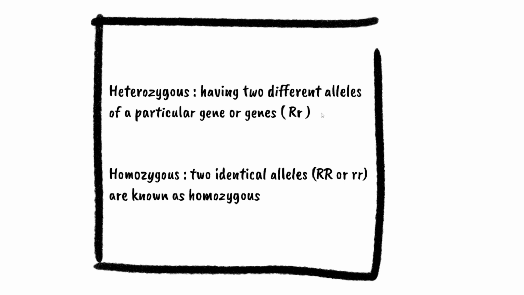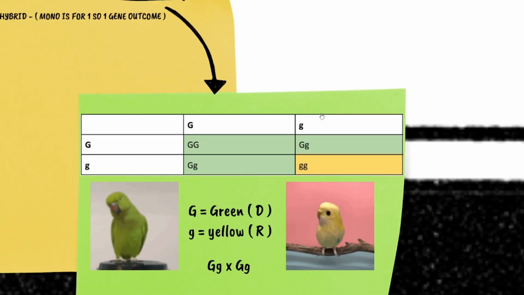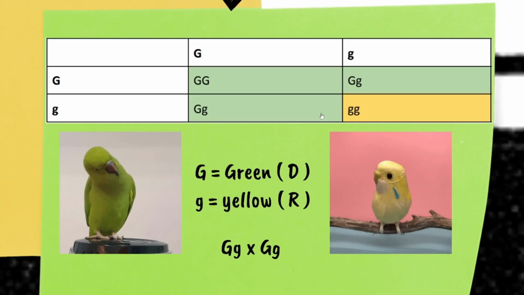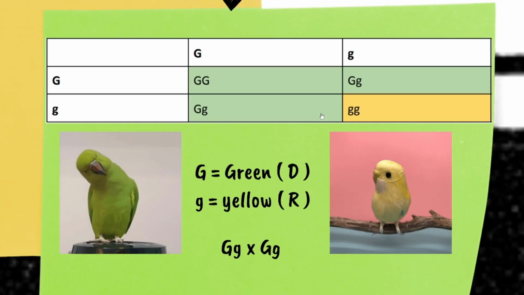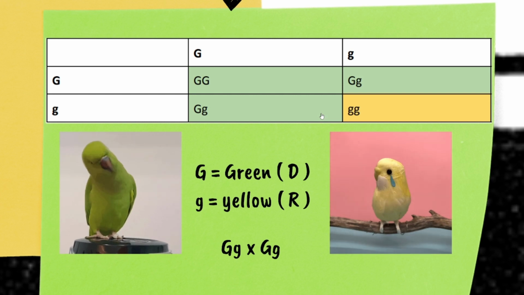Heterozygous contains two different types of alleles in one gene. Homozygous consists of two similar types of alleles in one gene. Homozygous, heterozygous, done.